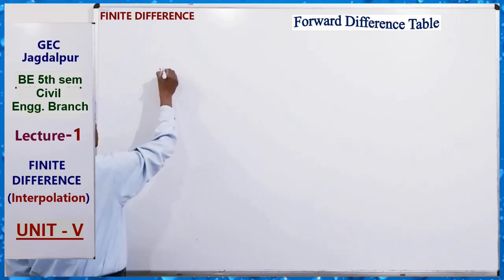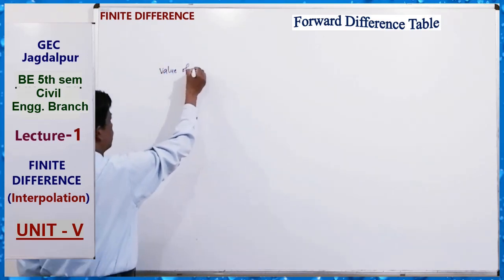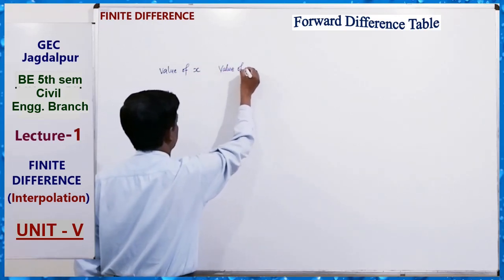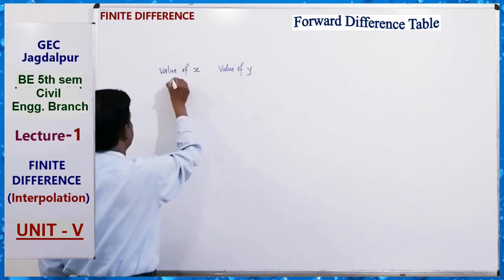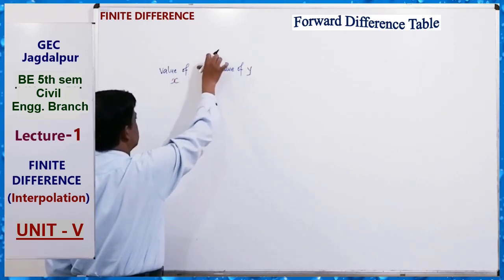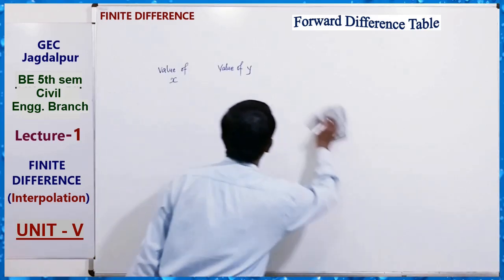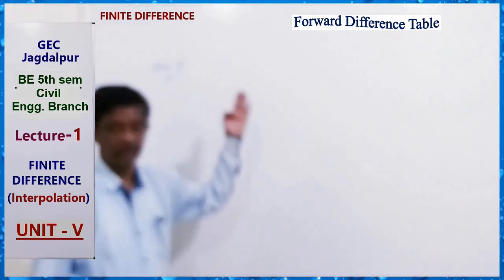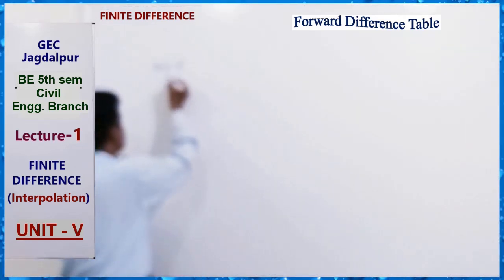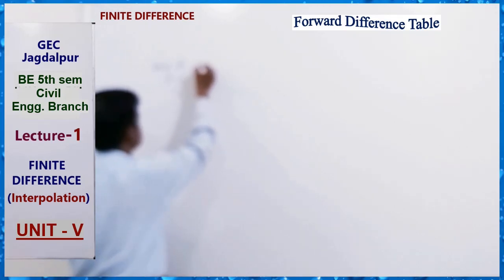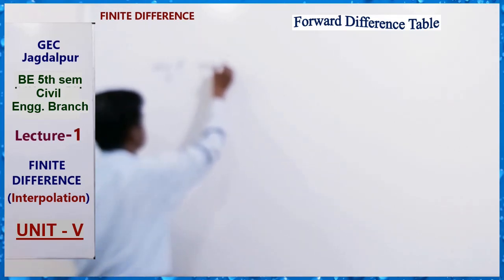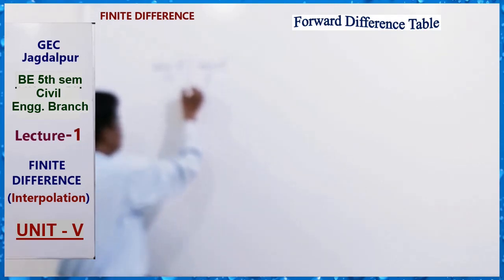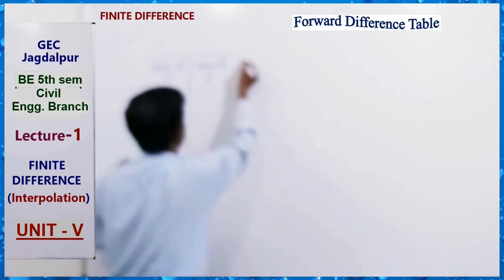Here, value of x and value of y. Preparing the table for the forward difference table and backward difference table: value of x, value of y. Table preparation is very simple.